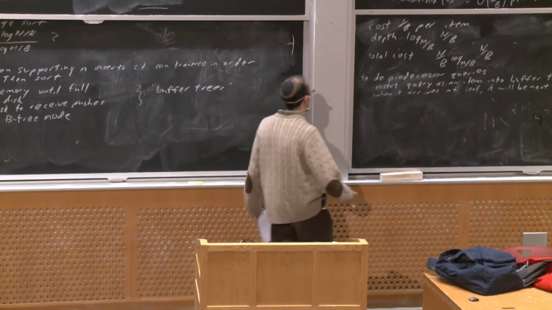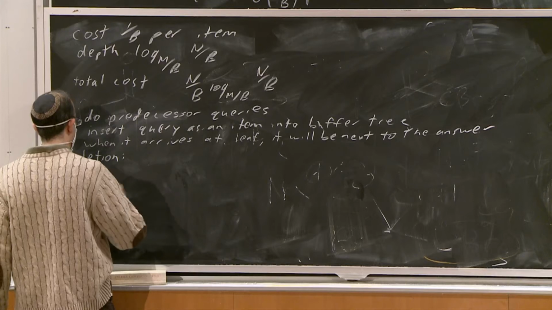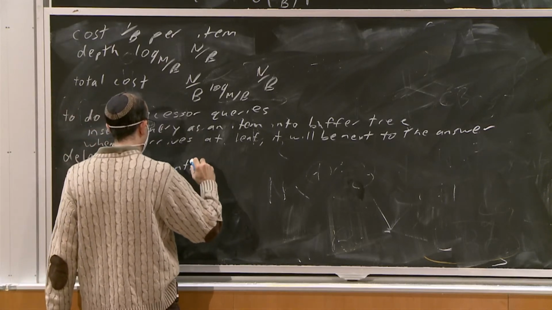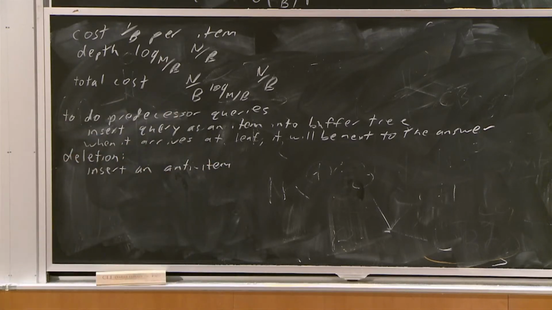Okay? Deletion is actually done similarly. What we do is we insert an anti-item into the data structure. And when it arrives at the same location as the item, they meet and annihilate each other. Okay?